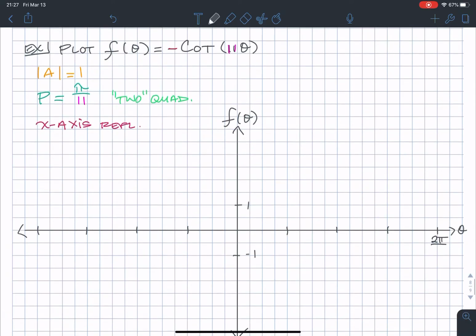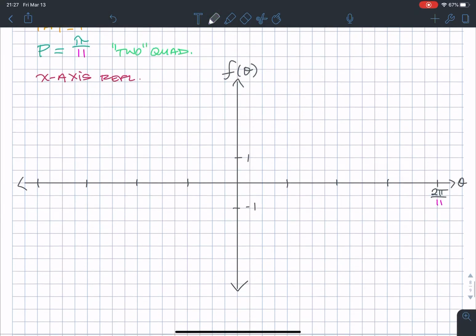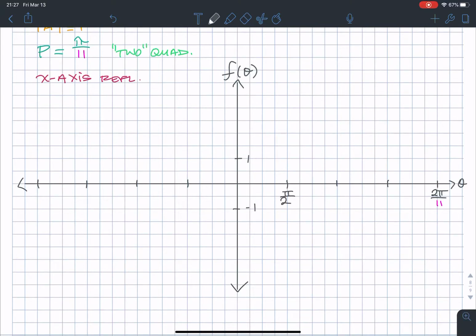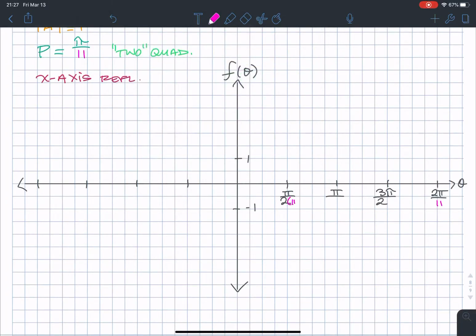However, I'm dividing by the coefficient of theta, which is 11. So all of my quadrants, pi over 2, pi, and 3 pi over 2 are going to be divided by the coefficient of theta, in this case 11.